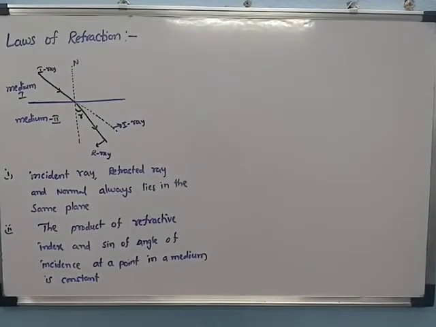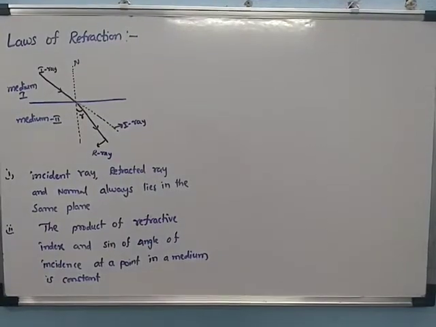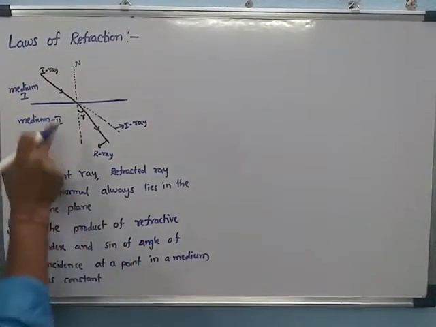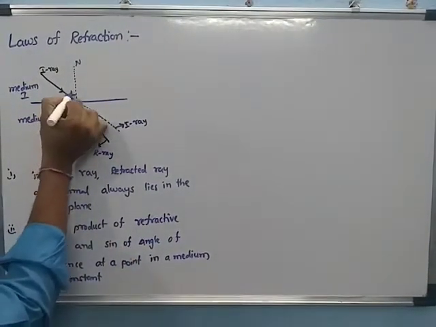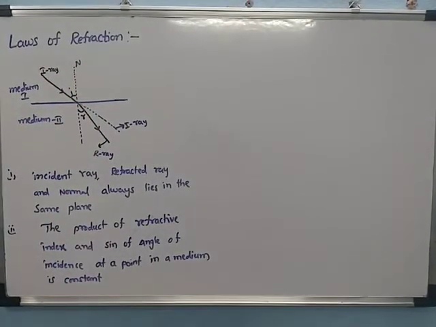So what is the second point? We say that the product of refractive index and sine of angle of incidence at any point in a medium is constant.